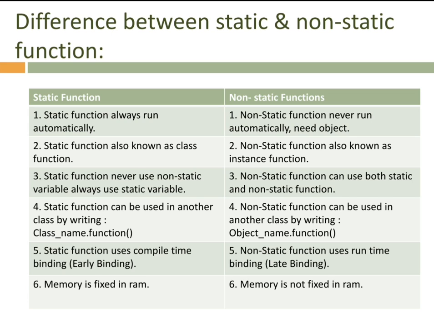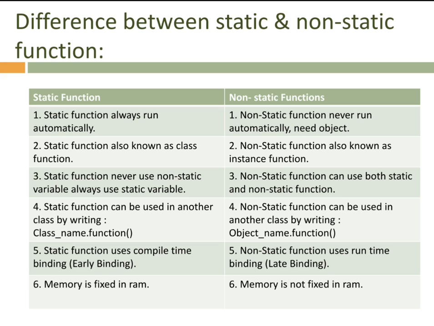And one more thing I want to tell you, that when we are creating a static function, compile time binding is used. Compile time binding means checking whether the function is created or not, because it is a class function. We have to check it earlier. That's why it is early binding.